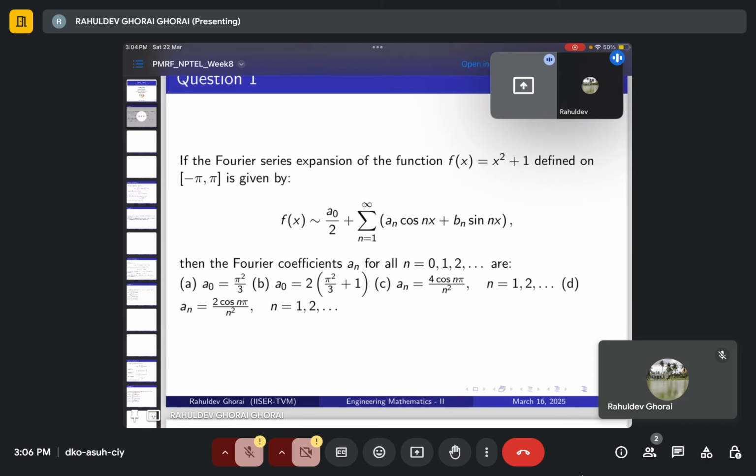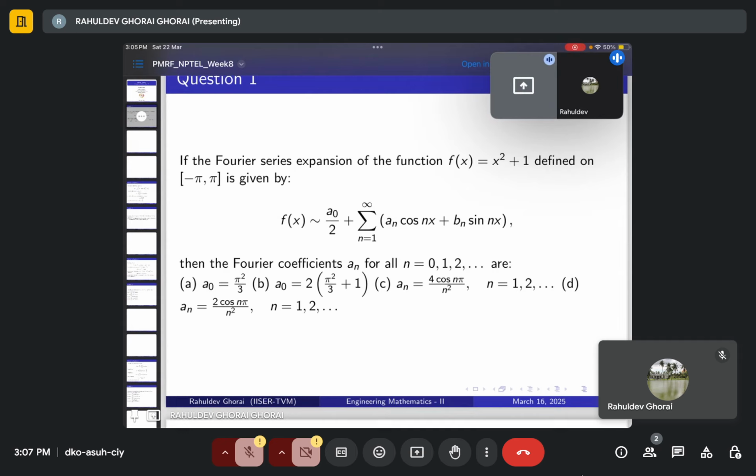It says that the Fourier series of a function f(x) equal to x square plus 1 defined on minus pi to pi is given by this. Mostly you will see the Fourier series of any arbitrary function f is given by this, and you need to mainly find a_n and b_n, right? So mainly we try to write a periodic function in terms of cosine and sine, so that we know the properties, because the cosine and sine functions are well known.